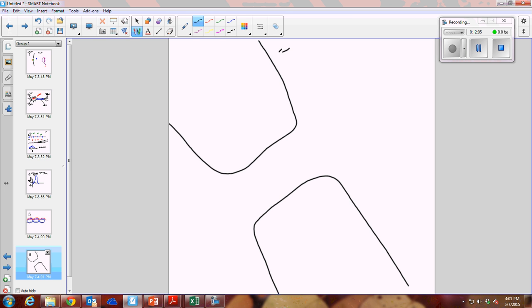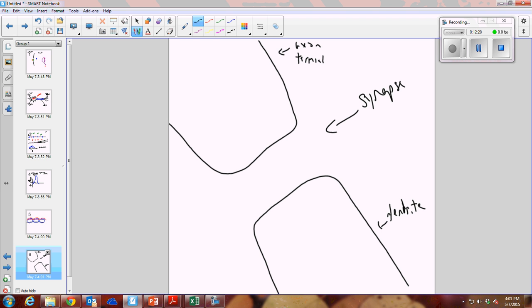This is an axon, and this is a dendrite of one cell. And in the middle, you have this space called the synapse. And this is the space between the two nerves. This is the axon terminal here.